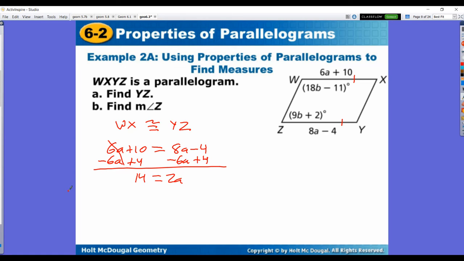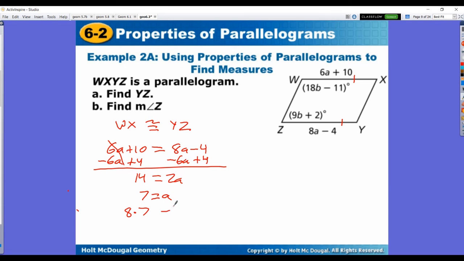All right? And if we continue working out the math, we end up getting 7 for a. All right? But we're not quite done yet, okay? Because this isn't the final answer. We still need to calculate what is YZ. All right? So we need to put 7 in for a and figure out what we get. We're going to take 8 times 7.